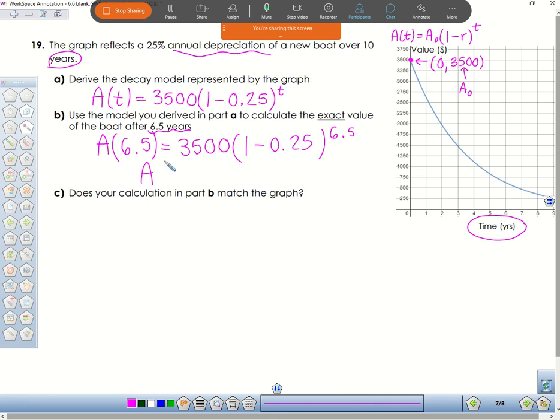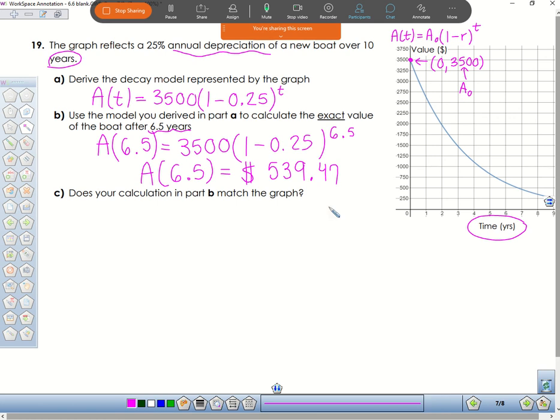So then we would just do that math, and we would get 1 minus 0.25, so 0.75, to the 6.5 power times 3,500, and that comes out to be $539.47. So the boat's value is only that much after 6.5 years.